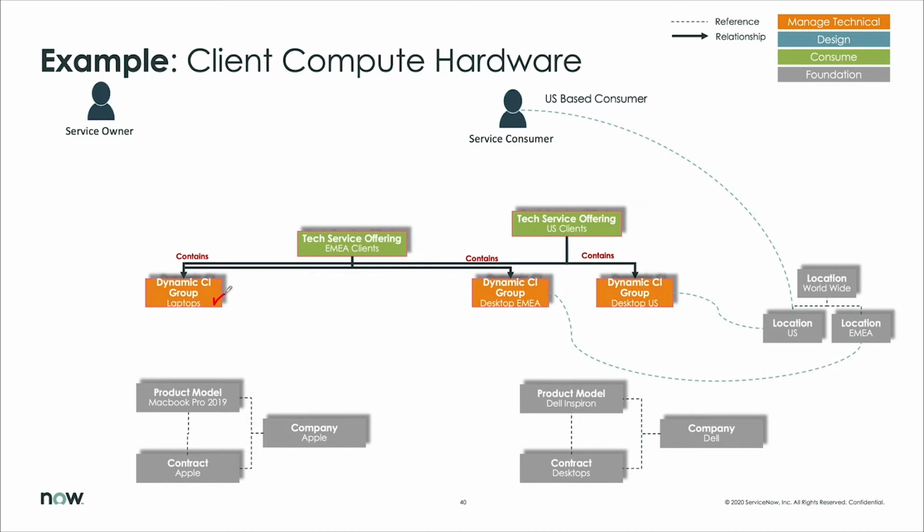We're also introducing and making sure that we have dynamic CI groups established. These CI groups are there to understand the different offerings and what you might have as different, I would say, SLAs, OLAs associated with these offerings. And as an example, for desktops in your organization, if somebody has a desktop, likely the desktop group is going to be physically located where the users are, so they have access to those.